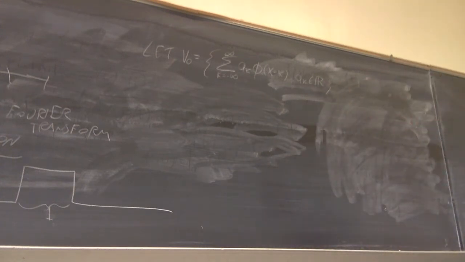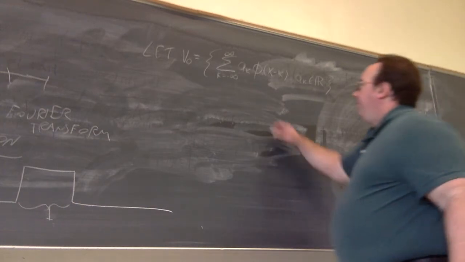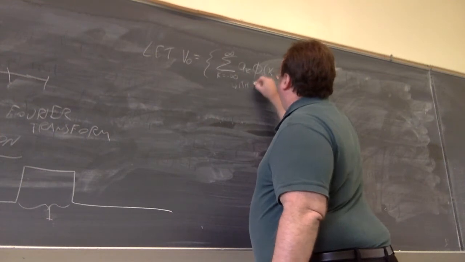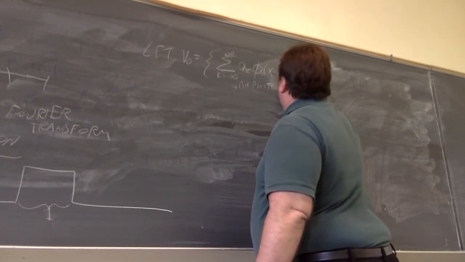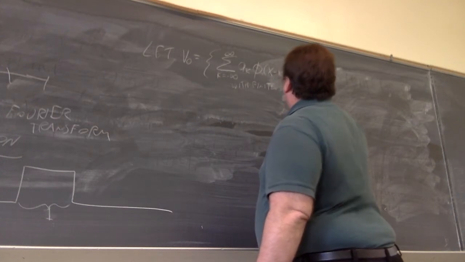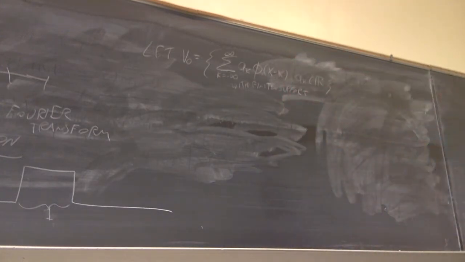Now, one condition I'm going to attach to this is that we're only interested in functions of this form that have a finite number of non-zero terms. So the a_k can be any real numbers, except only finitely many of them can be non-zero. So in other words, with finite support. Support referring to the portion of a domain in which a function is non-zero.